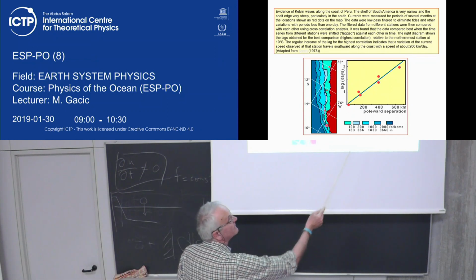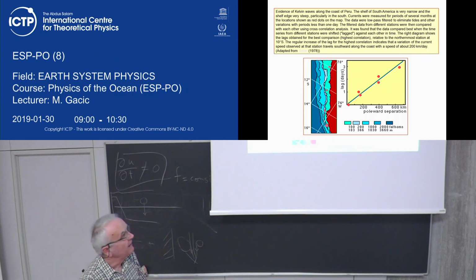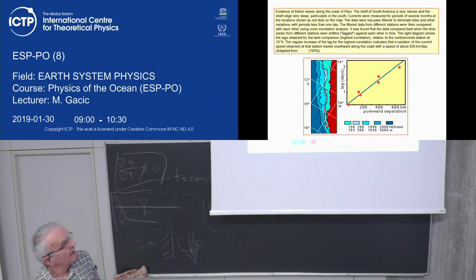The speed is 200 kilometers per day, which divided by 24 is around 10 kilometers per hour.